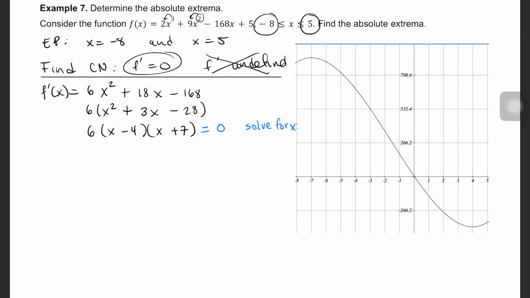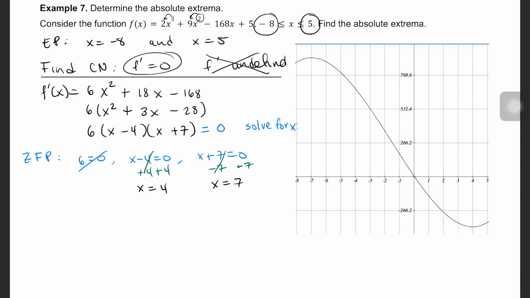To solve for x, we're going to use the zero factor property. That was the reason why we factored this out as much as possible. This implies that 6 equals 0, x minus 4 equals 0, x plus 7 equals 0. But we already know that 6 cannot equal 0. So we're going to solve for the other ones using basic algebra rules. This will be x equals 4, and this will be x equals -7.